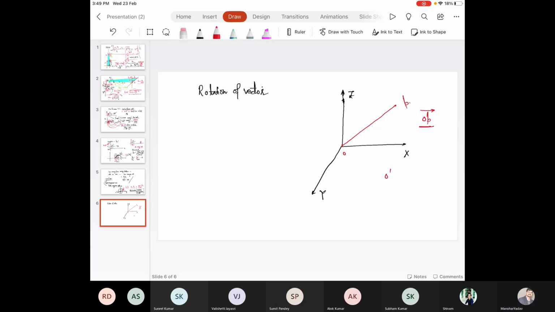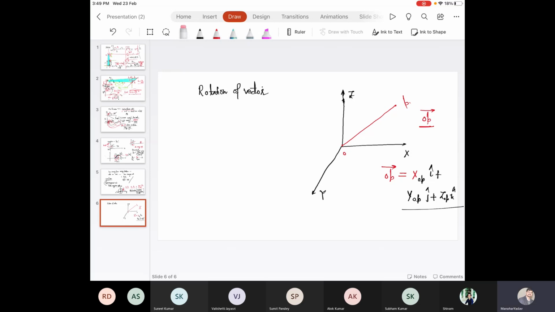So this vector OP can be represented as the X component of OP plus the Y component of OP plus the Z component of OP. For simplicity, rather than 3D, we start discussing with 2D.